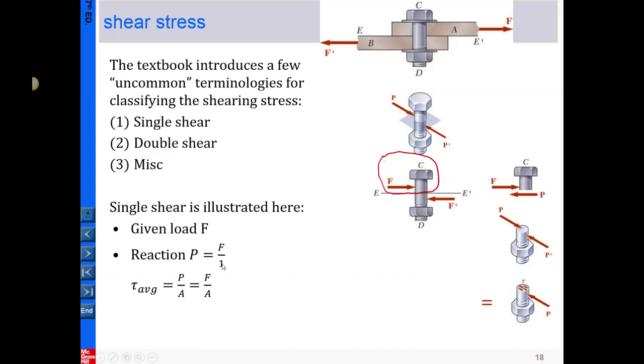And just because of this, that is where the definition of single comes from. So from here, you can deduce that double shear follows the same logic. The double shear would be F divided by 2.